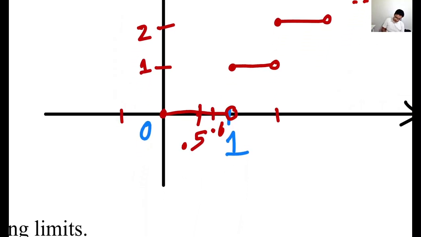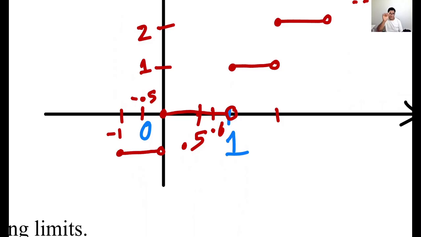Similarly, on the left side, let's say you are at negative 0.1 or negative 0.5. What is the greatest integer less than that? You will have to go to negative 1. So nothing different actually. It's the same pattern that will continue. Up until you reach 0, all of them will get mapped to negative 1.